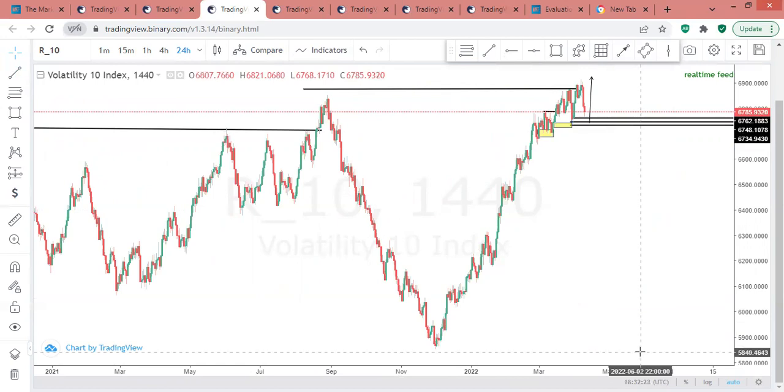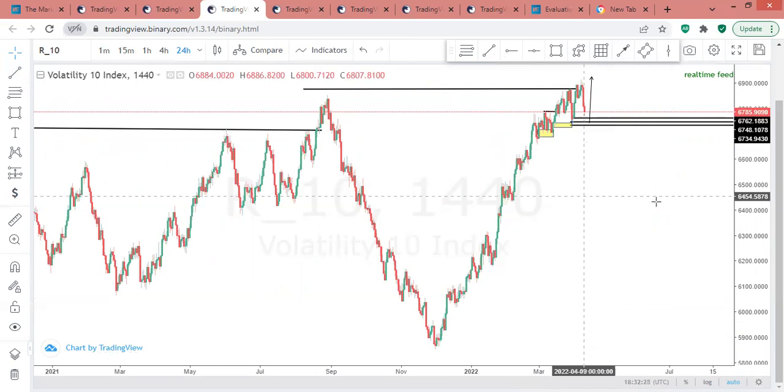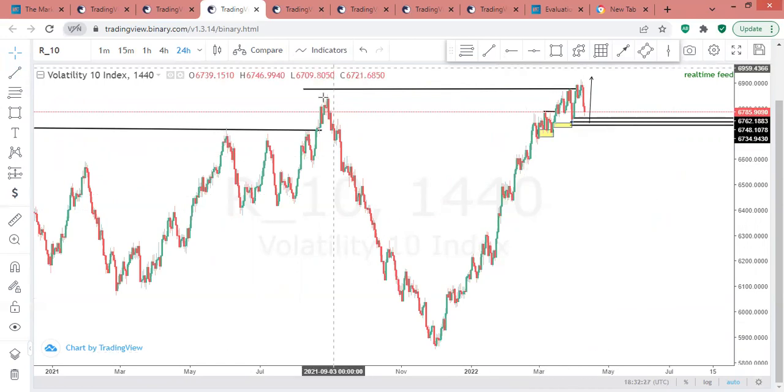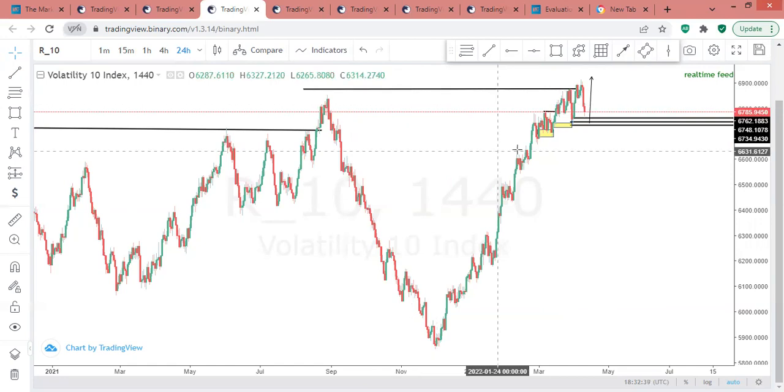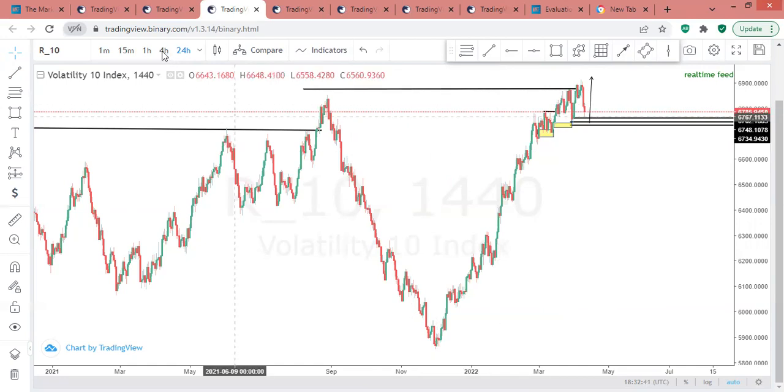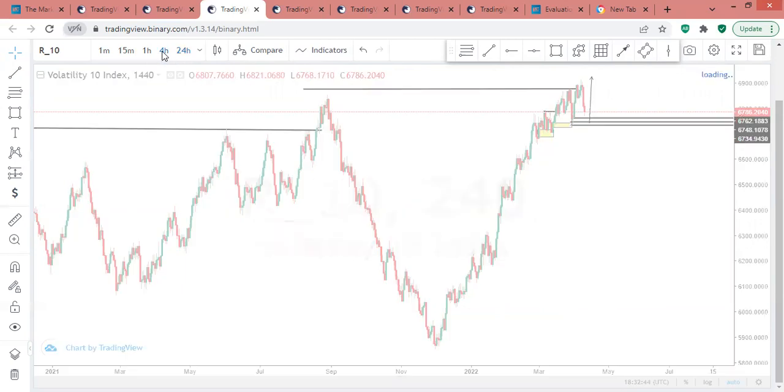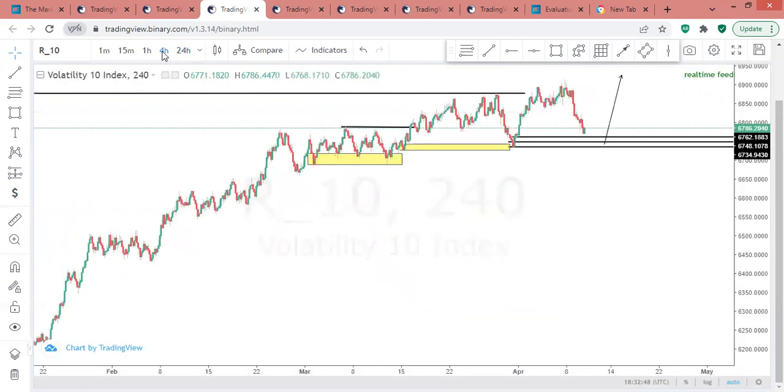On the monthly time frame, price is bullish. And look at this area, the weekly structure has been broken, the daily structure has been broken. And what I'm looking at, let me take you to 4 hours. 4 hours is coming in clearer.